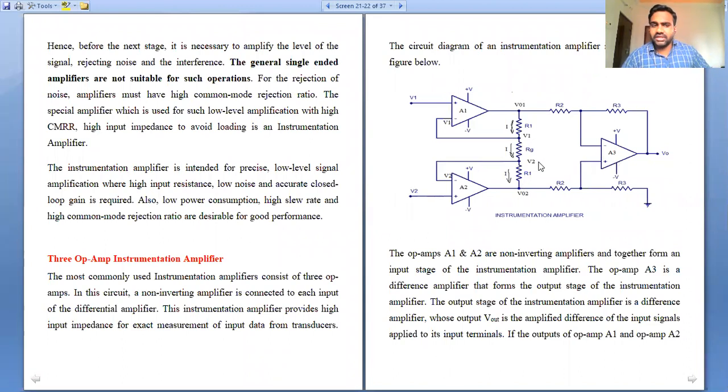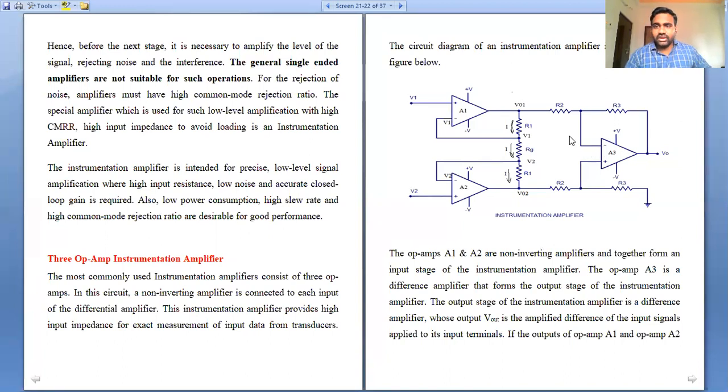That means this entire triple op-amp instrumentation amplifier behaves like a cascading mechanism. The output of the transducer is given as an input to the voltage follower circuit, and the output of the voltage follower circuit is given as an input to the difference amplifier circuit. Don't get confused.